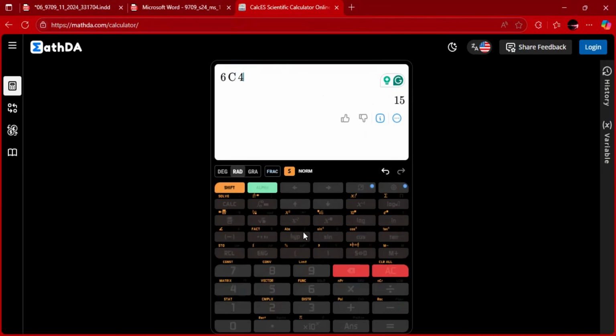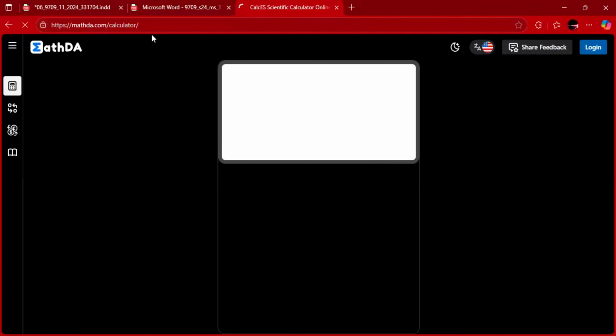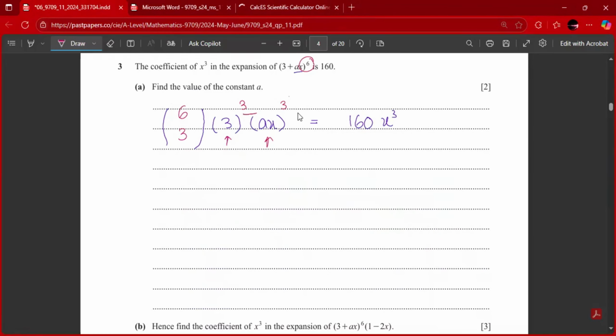Now 6C2 is also 15, guys. So it doesn't matter. You can write any power you want, this one or this one. But just write one. Don't complicate it.